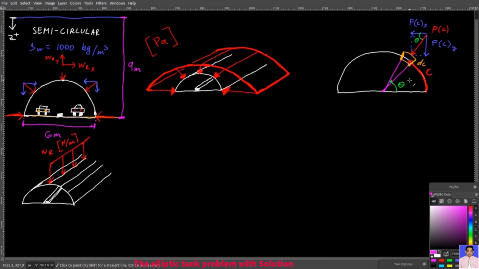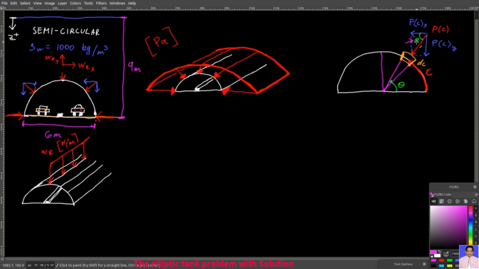And it makes sense, because if this theta angle here is 0 degrees, so your radius is like this, then also this angle theta would become 0 degrees. And if this theta angle becomes 90 degrees, so the radius is like this, then also this angle here becomes 90 degrees.